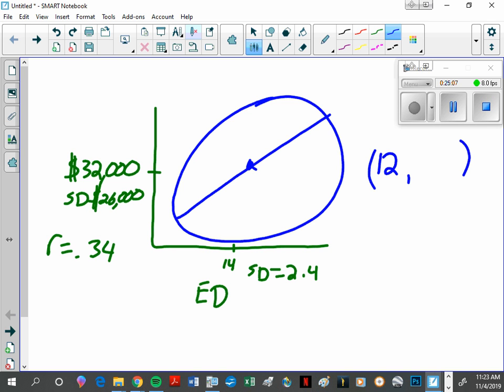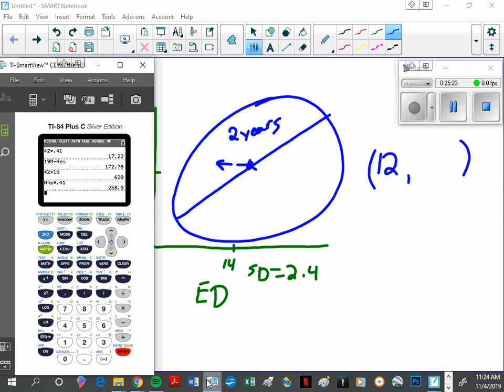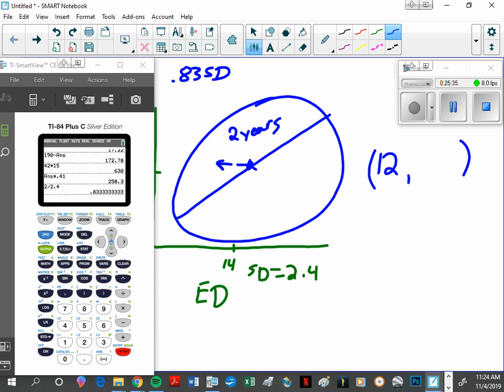Okay. So we need to go left 2.4. Nope, sorry, just 2. We need to go left 2 years. How far is 2 years? Well, 2 years divided by the SD of 0.24 is 0.83. So we go left 0.83 SDs, which means we need to go down 0.83 SDs.